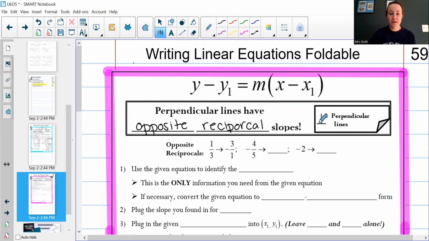And perpendicular lines look like this. So opposite reciprocal is positive, turns to a negative, and we flip our fraction. If it's a negative, it's going to turn to a positive, and we're going to flip our fraction.